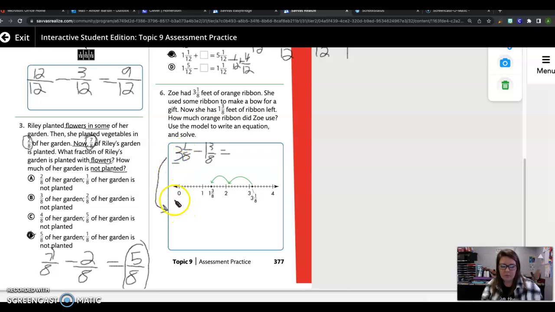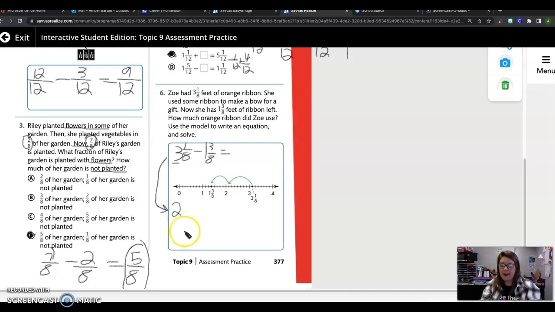So 3 minus 1 is what? 2. But now I can't just get rid of that 1 that I took away. I have to put it back into the fraction, right? So I'm going to take that 1 whole and I'm going to rewrite it as a fraction equal to 1. And I said earlier that a fraction is equal to 1 if the numerator and the denominator are the same number.